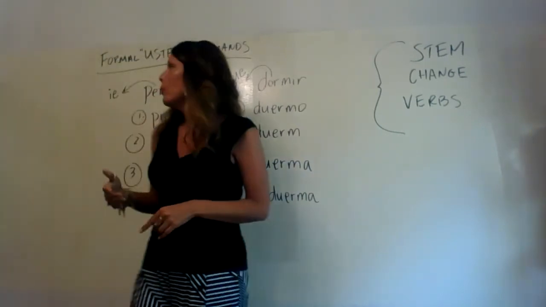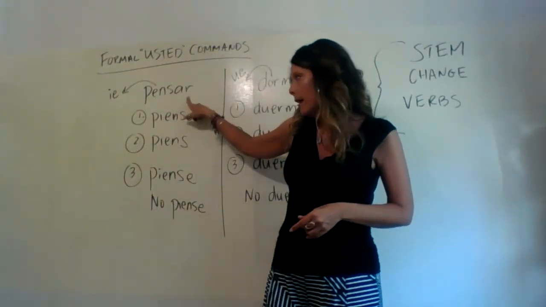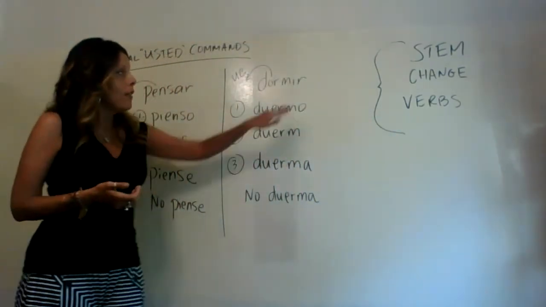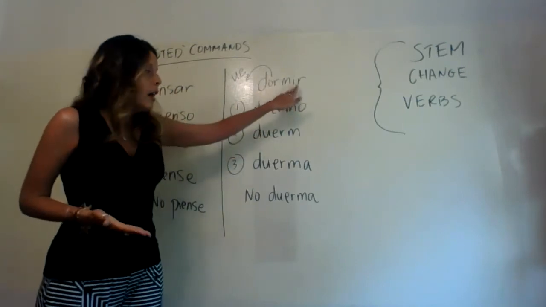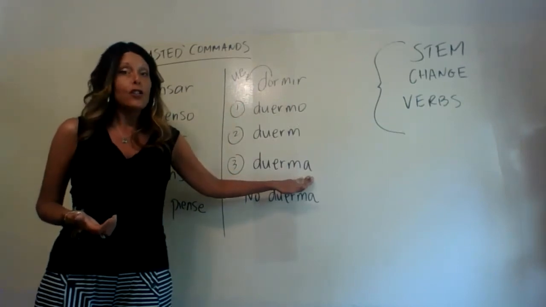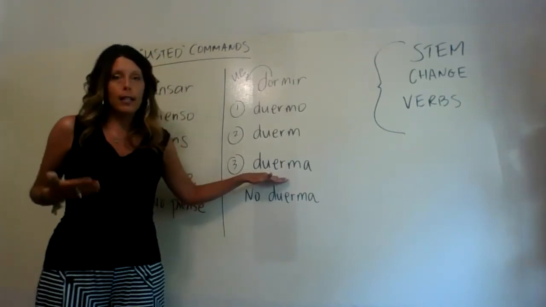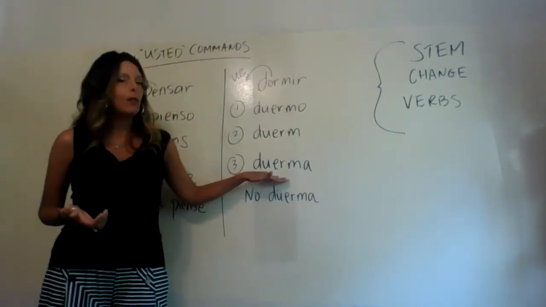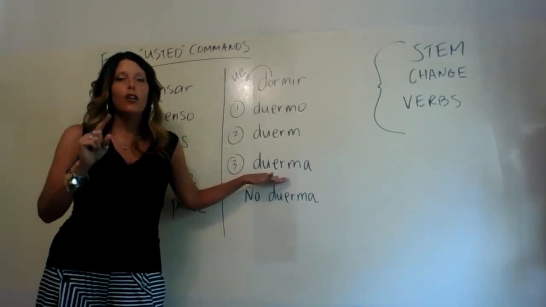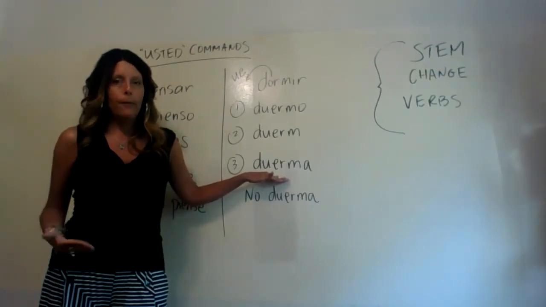So over here, whenever we were dealing with an AR verb, our opposite ending was the letter E. But over here, whenever we're dealing with an IR or an ER verb, our opposite ending is what? The letter A. So with this word right here, we have formed our formal usted command, and it is pronounced duerma, and it is spelled D-U-E-R-M-A, duerma, sleep.